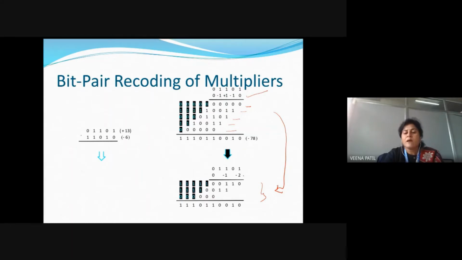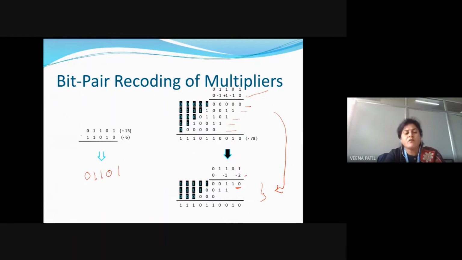Now, if it is minus 2, here also we are going to take 2's complement, same as that of minus 1, which we had done in Booth's algorithm. We will take 2's complement of the multiplicand, but we will shift it by 1 bit position. So what is our 01101?